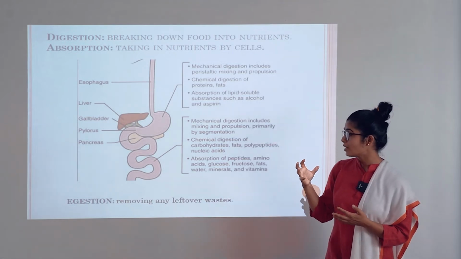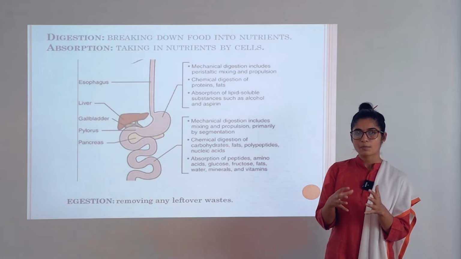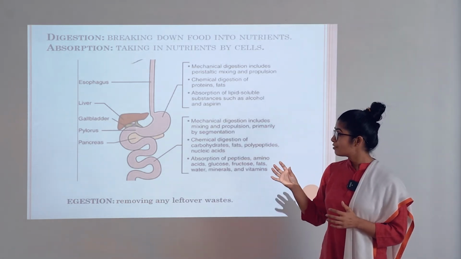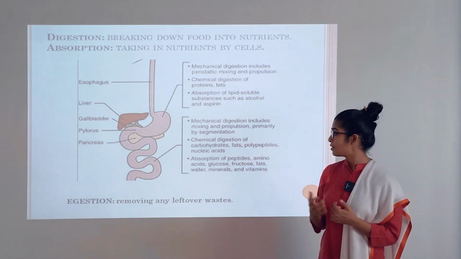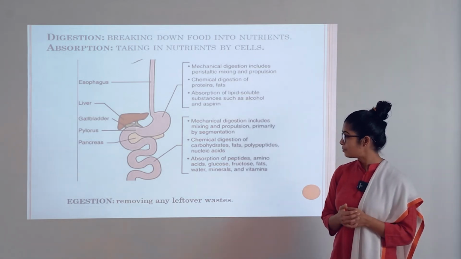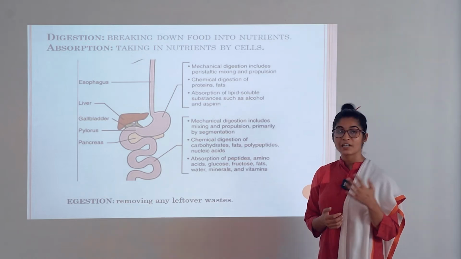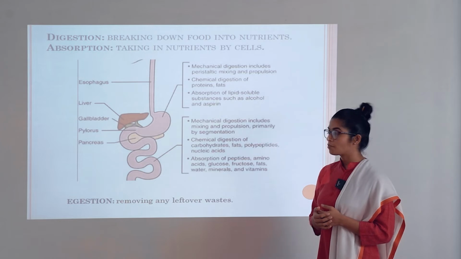As we know, the stomach has a specific structure inside called folds. With its help it churns the food, and there are different enzyme secretions, like hydrochloric acid and other enzymes, and it also receives bile from the liver for the digestion of the food.